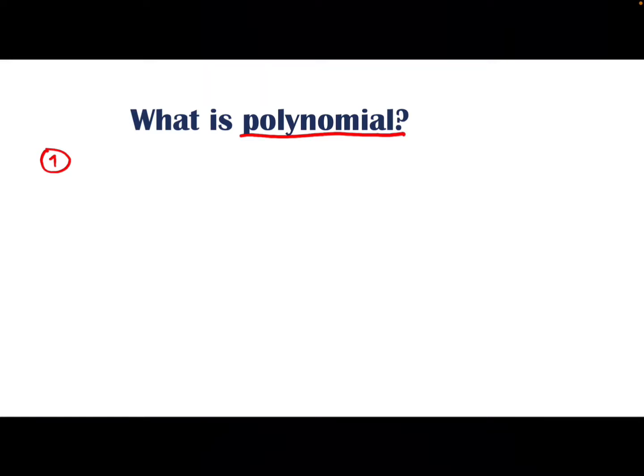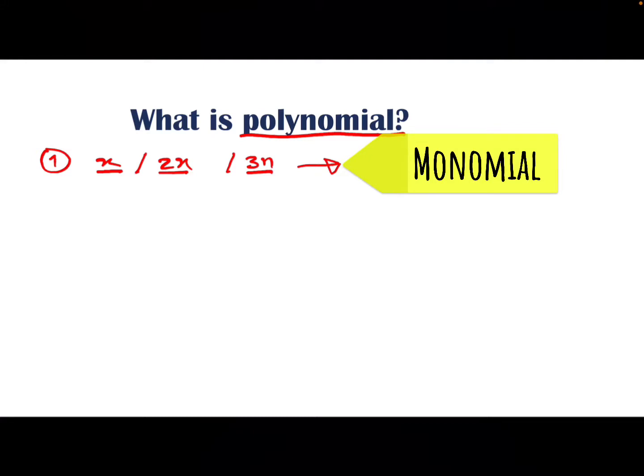Okay, so if we have one term, like x, it is one term, or if you have 2x, it is just one term, or if you have 3n, it is also one term. So when you have one term, it is called monomial. Mono means one. Okay? So one term means monomial.